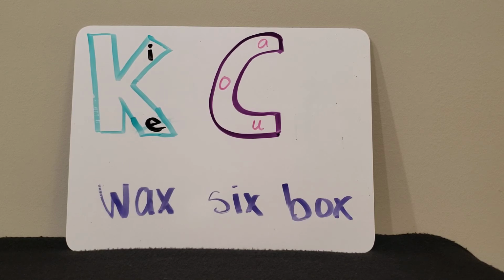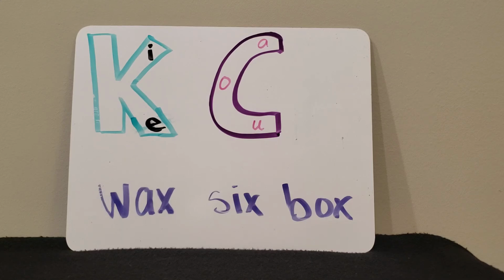So K comes before I and E, C before the other three, A, O, U. You will see this more on the whiteboard in class, hopefully already, once we have class. So I will keep reminding you about it, and we will keep learning about it.